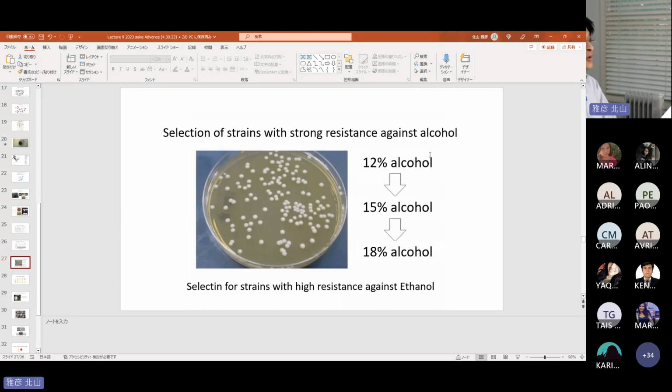So they tried to transfer their two candidate strains onto a 12% alcohol level. It means they tried to screen for yeast cells which can survive at a high level of alcohol.